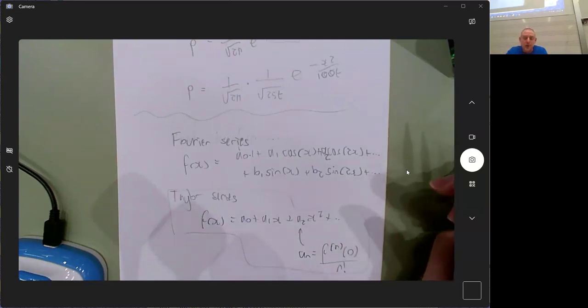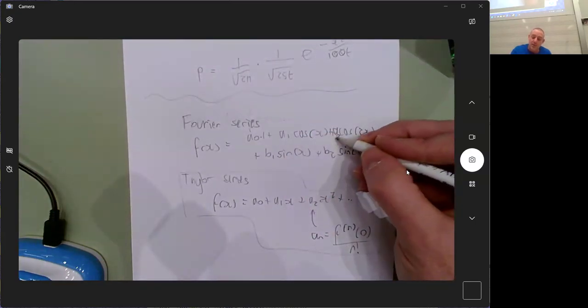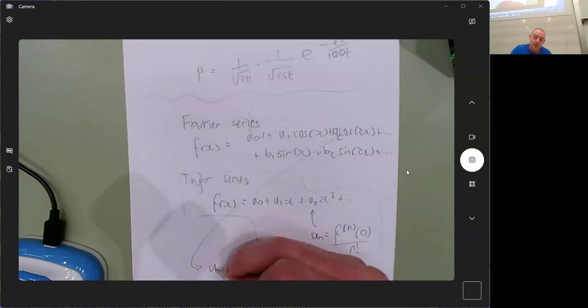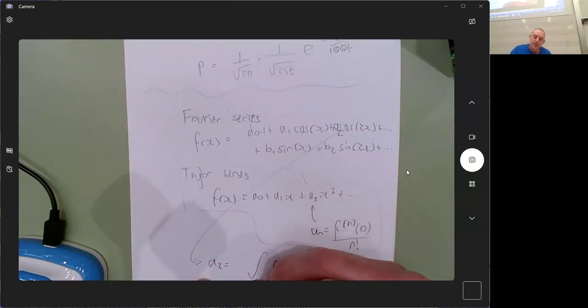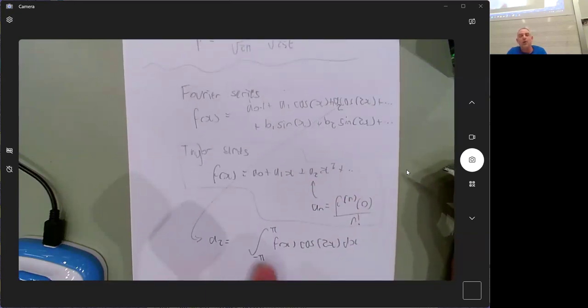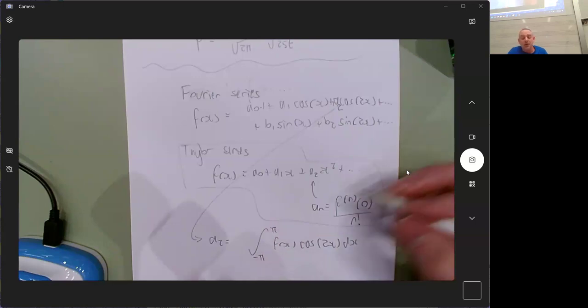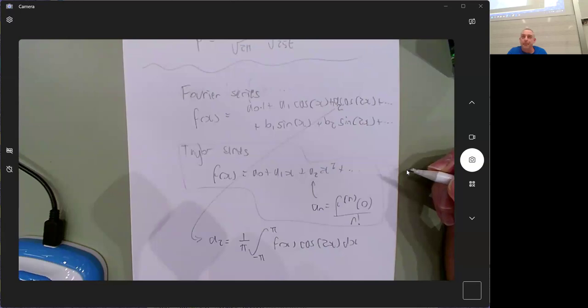It's the integrals. You figure out what a2 is, for example, by integrating your original function times cos of 2x across one whole period of cos, and then you divide by a magic number to make it work out.